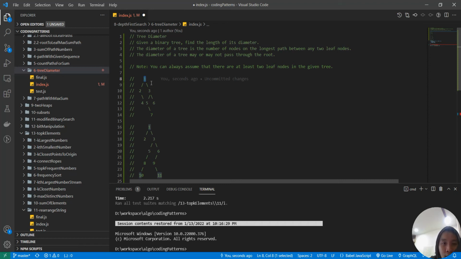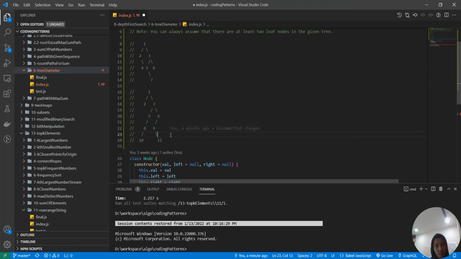The height is actually the depth, the longest path from root to leaf. In this case, it would be on the right branch, all the way from 1 to 7. It would be three nodes, right? And in this case, it would be 2. So 2 plus 3 is 5, and plus 1 here would be 6, right?